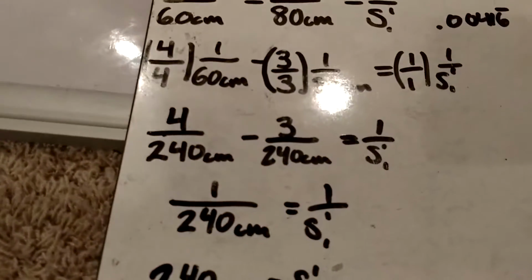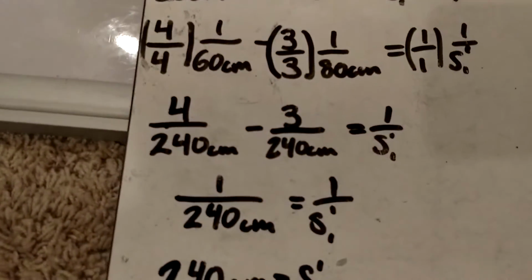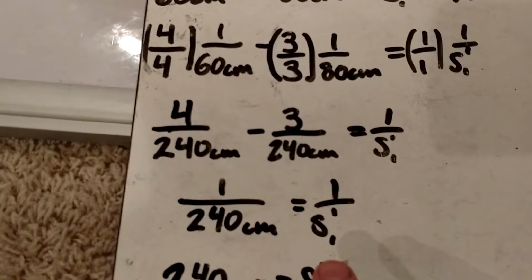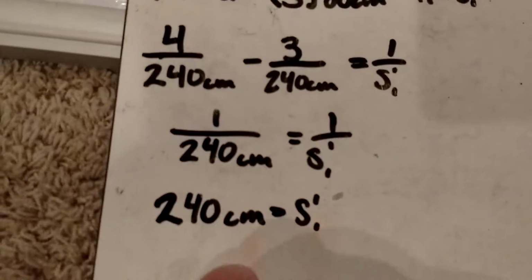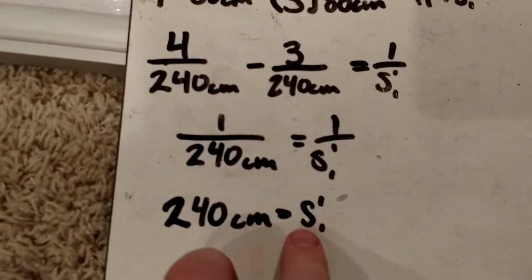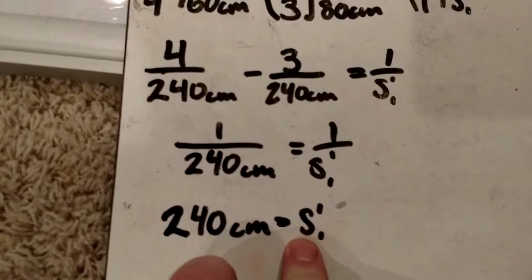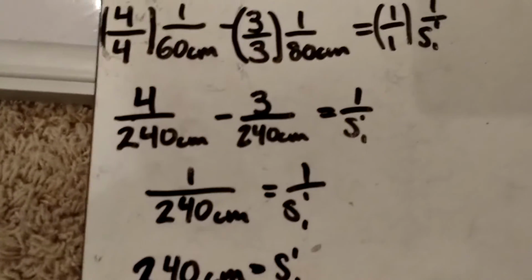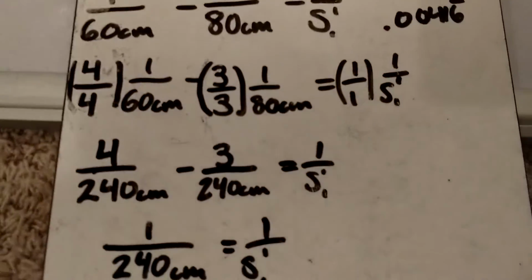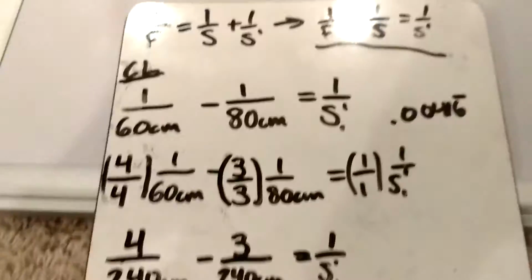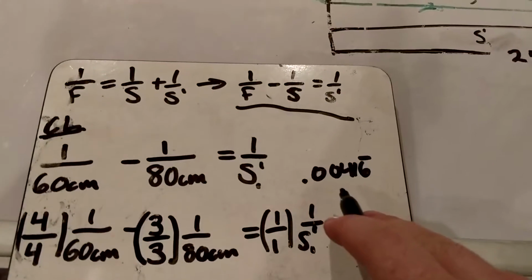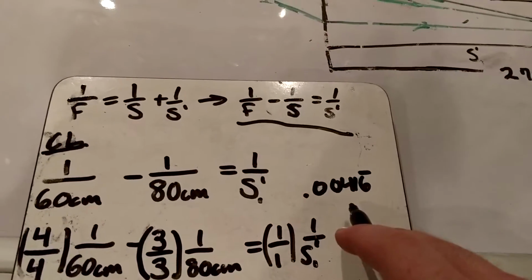Simplifying that gives us 1 over 240 centimeters equals 1 over the image distance for the converging lens, which gives us essentially 240 centimeters for the first image distance. So awesome, 240 is the number. And when you put this over 1 in the calculator, you should also get 240.